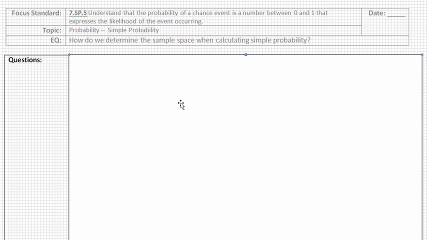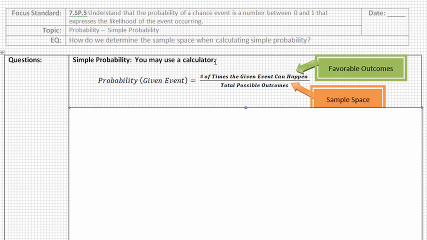So today's video is going to look much like the last video, but we're just going to continue to add some vocabulary as we go. You may use a calculator on some of these, although I don't think you'll need to. And we're going to use the same probability format for showing our answers, where we write the probability of the given event is equal to the number of times the given event can happen, which we're going to refer to as favorable outcomes, over the total possible outcomes, which is the sample space.